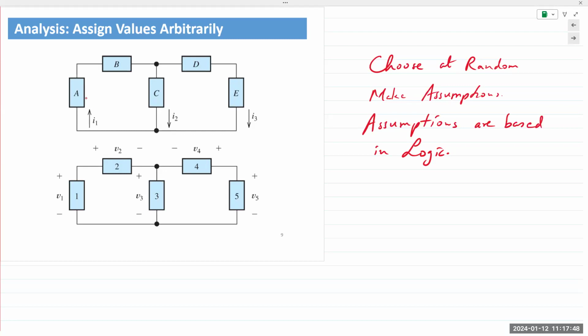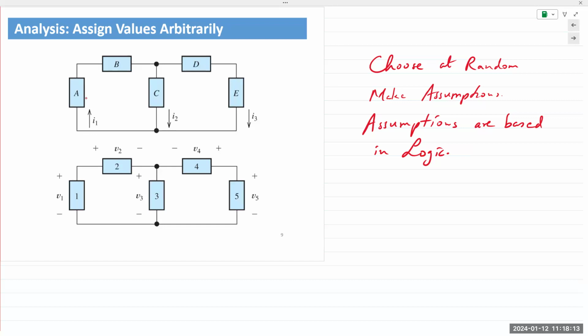It doesn't matter what assumptions you make, but once you make an assumption at the beginning of your problem, you stick with your assumptions for the entirety of the problem, right till the end. And if your methods and techniques are correct and you didn't make any errors, you will end up with the right answer.